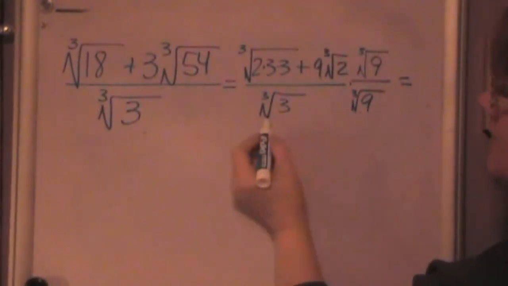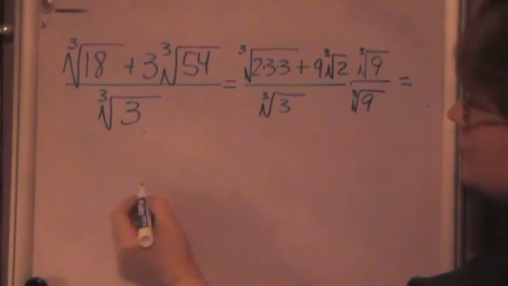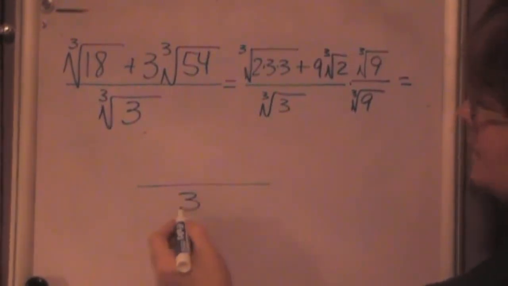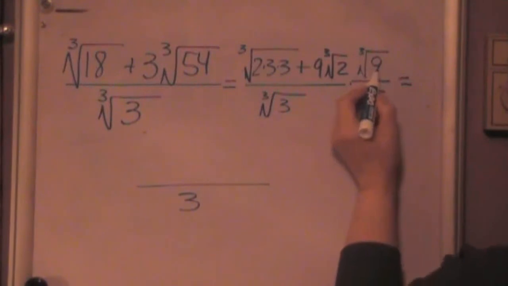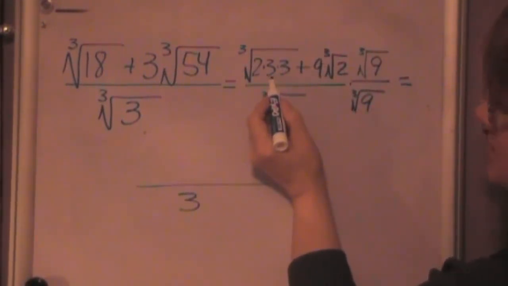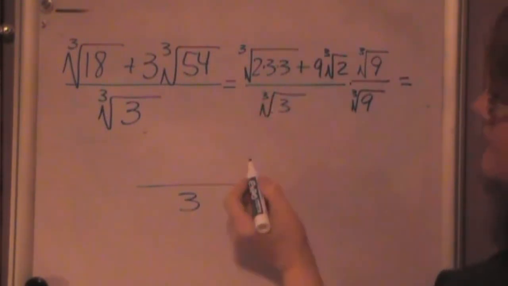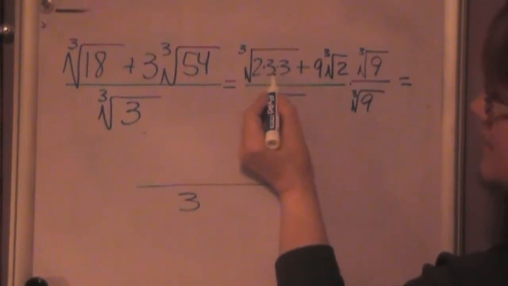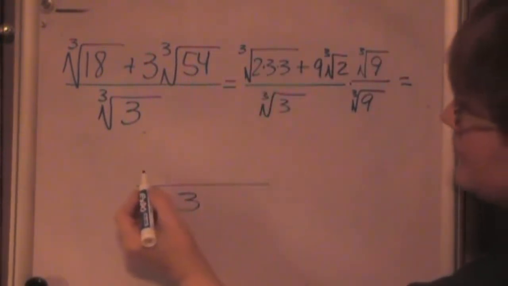Okay, now I'm going to get the cubed root of 27, which is 3, on my denominator, which is exactly what I wanted. Now, this is 3 squared, so I'm adding 2 more 3's in here. So I'm actually going to have 2 times 3 to the 4th.